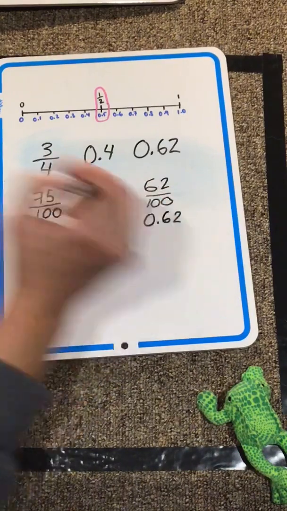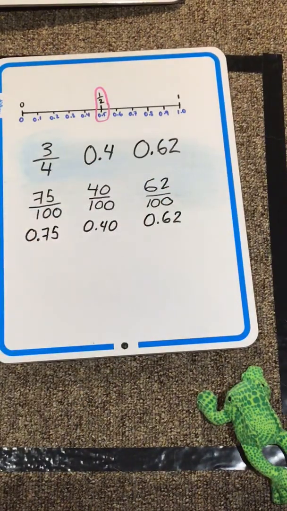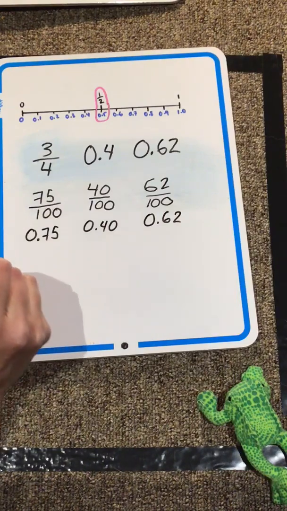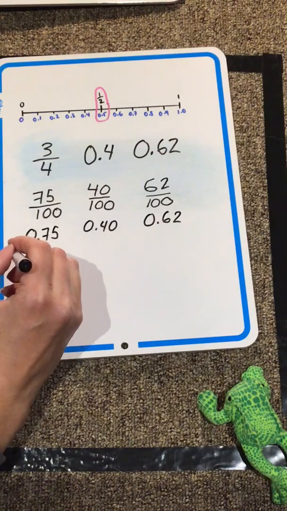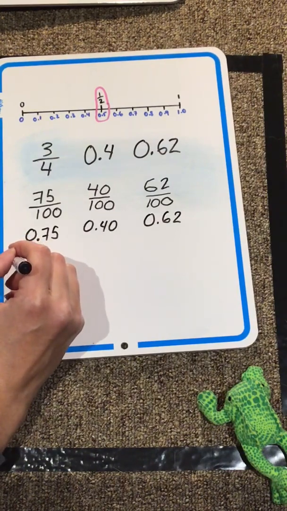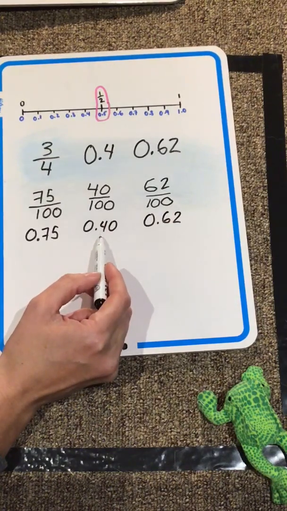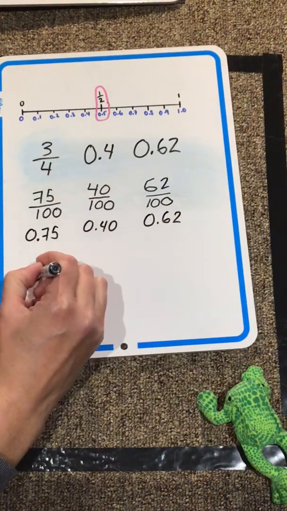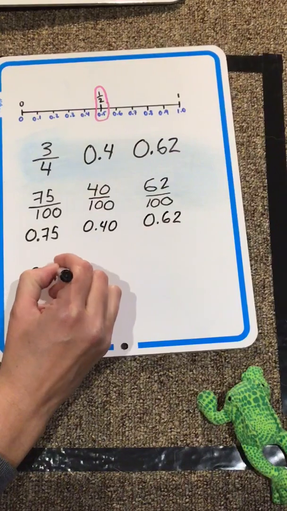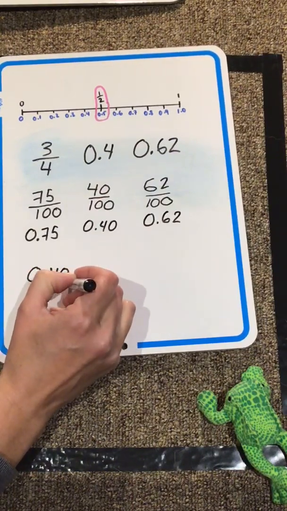Okay, we just take those numbers and just put them right in here. Okay, so now if I want to write the decimals in order from least, so least is equal to the smallest, up to greatest, which would be the biggest. The smallest amount of cake that was covered is this guy, right? So 0.40 would be the smallest.